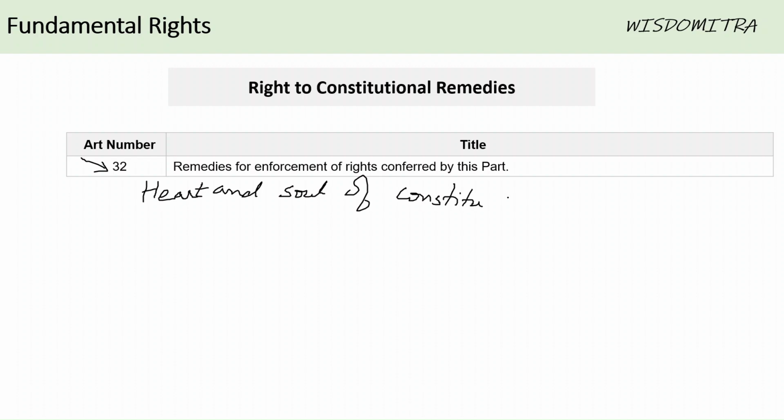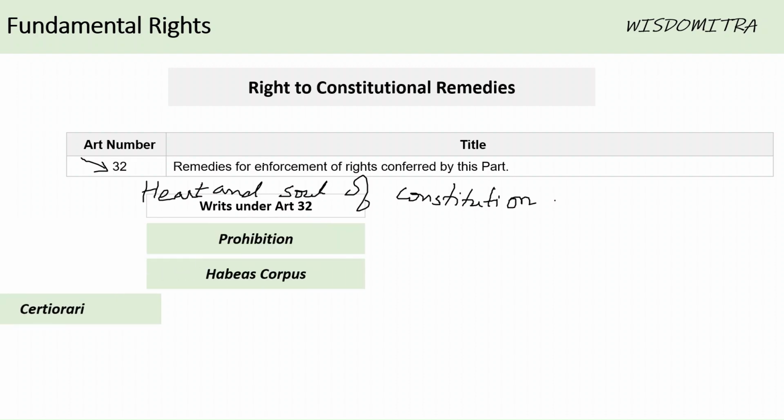You should remember this particular point and which article has been called the heart and soul of the Constitution. It's Article 32. Why? Because it ensures that if any fundamental right has been violated, there is a remedy for enforcement of that right.